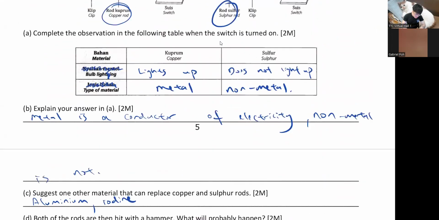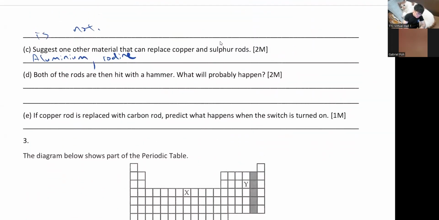So you can say the copper rod bends, whereas the sulfur rod breaks. The sulfur will break into tiny pieces, just like a pencil lead. You hit it, it breaks.